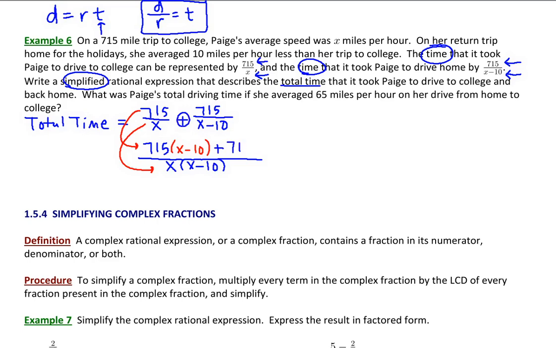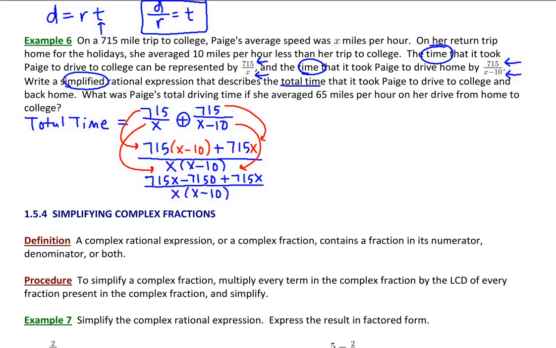Our second original numerator was 715, and notice from the old denominator to the LCD, we multiplied by x, so we want to do the same thing to this numerator, 715x. Now, as we've been doing, let's go ahead and distribute in the top. So we're going to have 715x minus 7,150 plus 715x, and I don't want to multiply out that denominator.